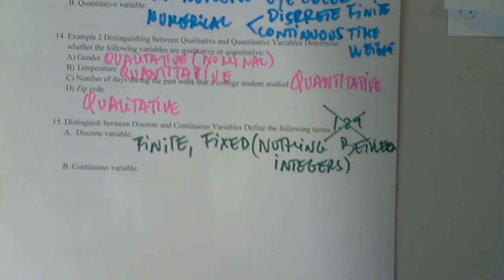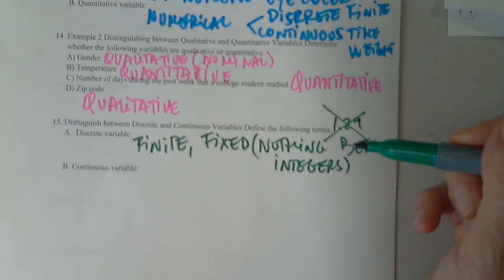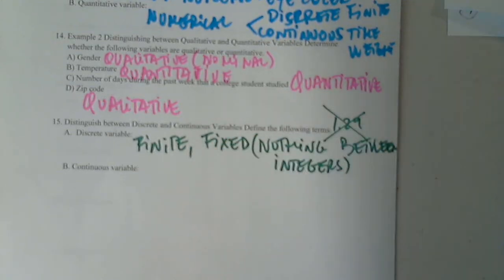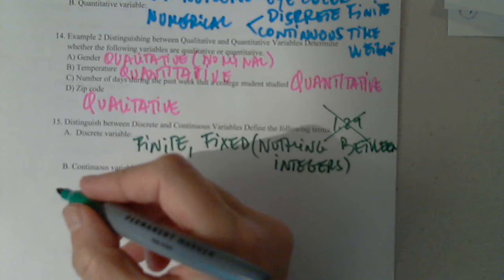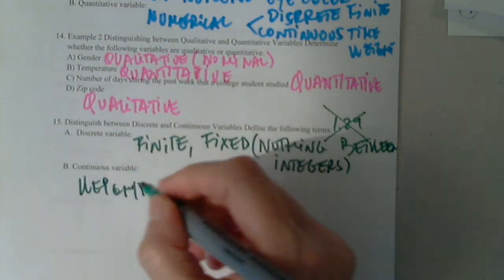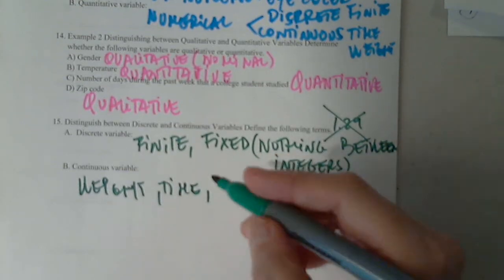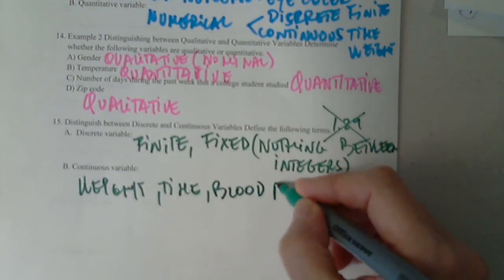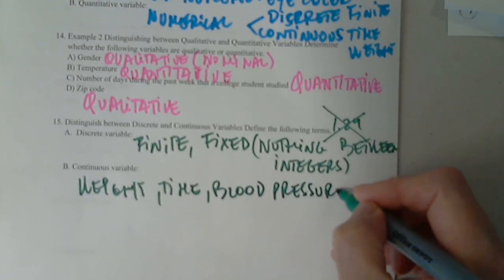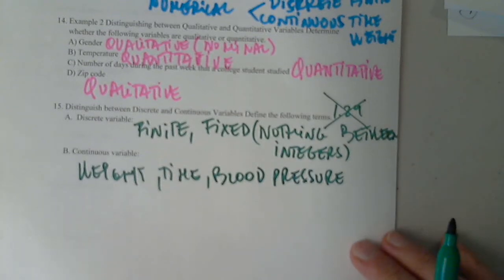Continuous can be anything. Anything else that is not finite. For example, we wrote that, weight, time, blood pressure, can be anything intermediary, anything.